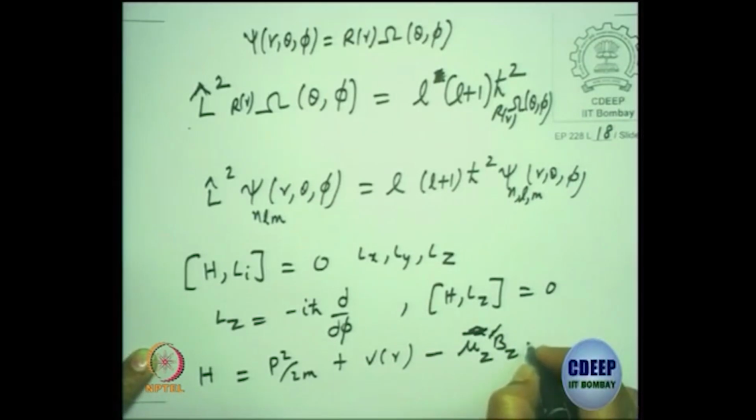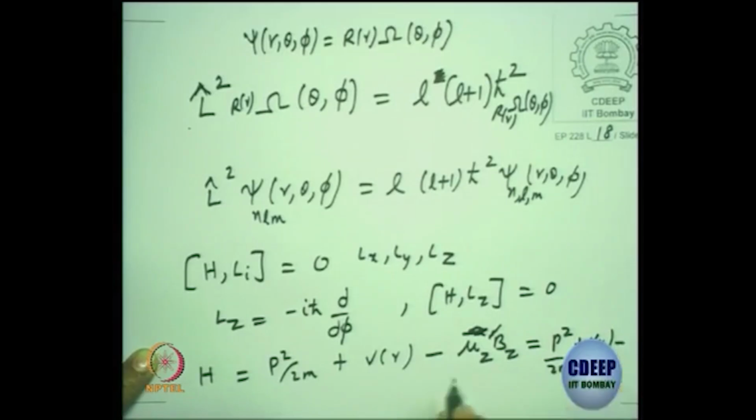So, then what happens here? It is p squared over 2m plus V of r, and then this will be a Bohr magneton times the Lz quantum number times Bz. Okay. So, let me not write those factors, it depends on the Lz operator. Now the question you are asking is whether this new Hamiltonian commutes with Lz.